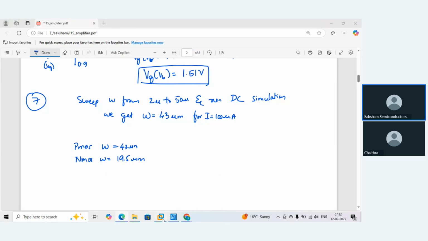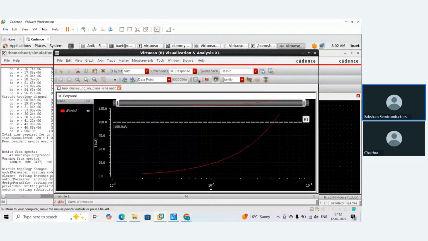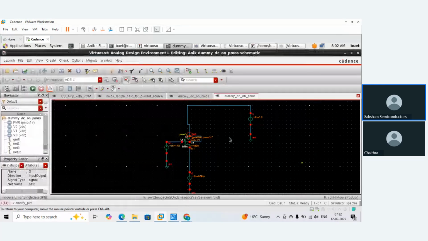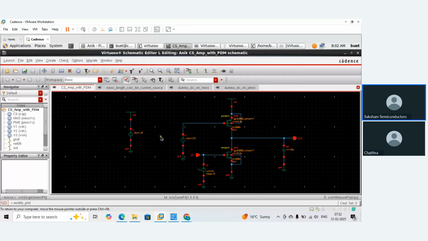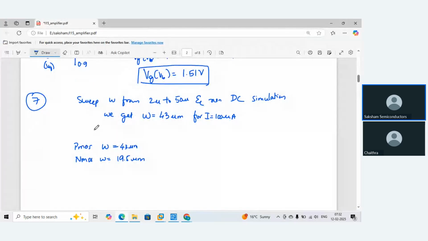Now once we know all these things, I can easily go ahead and design the main circuit. If you see, this is my main circuit, which was drawn over here.